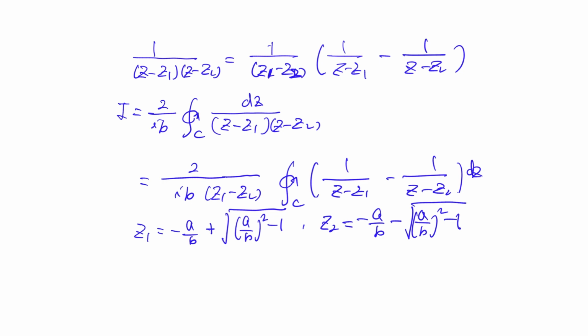So z1 minus z2 is actually, if you subtract this Z2 from Z1, we have twice the square root of (A over B) squared minus 1.